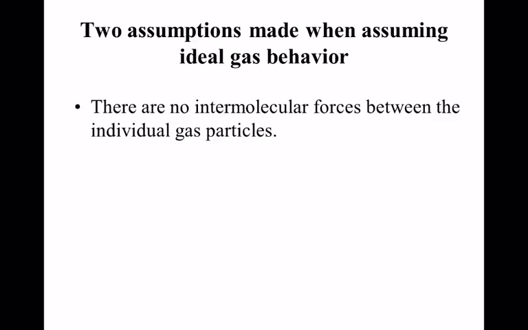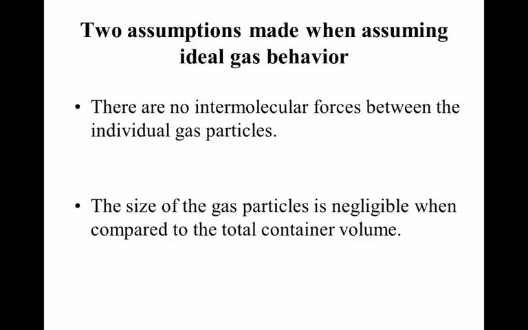Now things start to fall apart when our assumptions are not followed. So we assume that there are no interactions, and this is kind of a weird one. We assume that the volume of the gas particle basically is 0. It says negligible, or 0, compared to the volume of the container it's floating around in, since molecules and atoms are pretty darn small. What we're going to see, though, and we don't do it in intro gen chem, but we do it in general chemistry, is that the more packed those particles get, the denser they are, these start to fall apart.